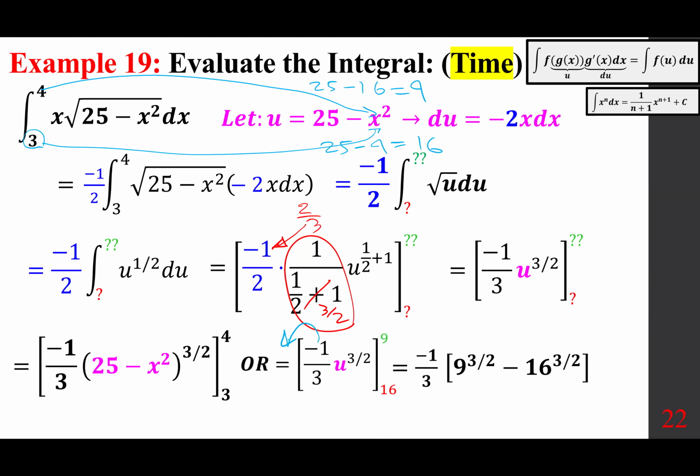Now 9 to the power of 3/2 is the square root of 9 cubed, which is 3 cubed, which is 27. 16 to the power of 3/2 is square root of 16, which is 4 cubed, becomes 64. Their difference is negative 37. Their product is positive 37 thirds. That's the final answer, everybody.